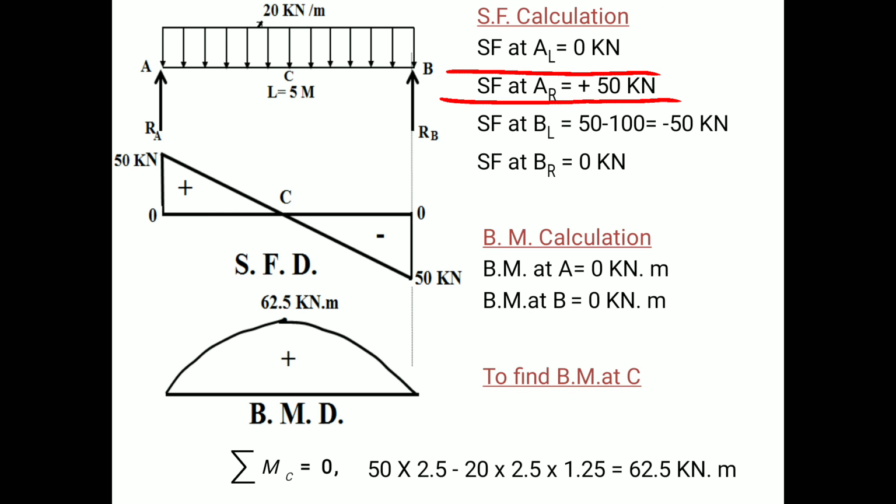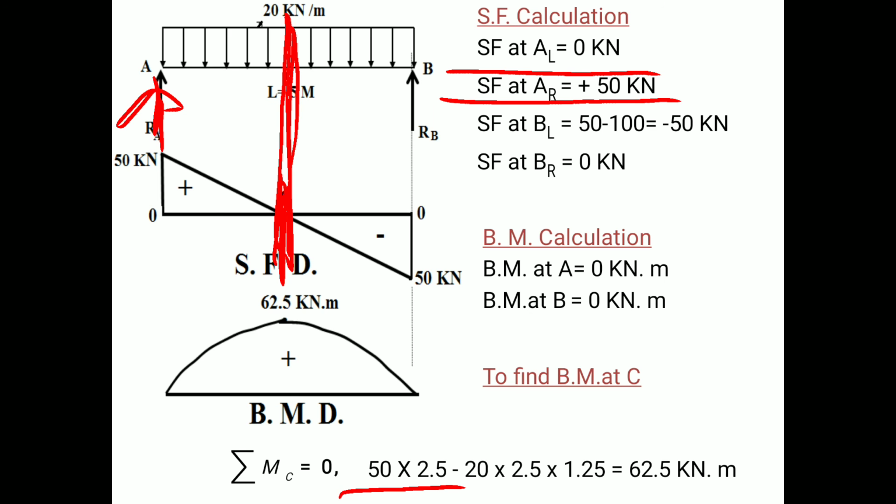Bending moment at C: this 50 kilonewton produces a sagging bending moment. Acting in the upward direction means it will try to sag the beam, therefore it is considered positive. So 50 into 2.5. Why is it 2.5? Because at the center, half of 5 is 2.5. This 50 into 2.5 is nothing but the turning effect.